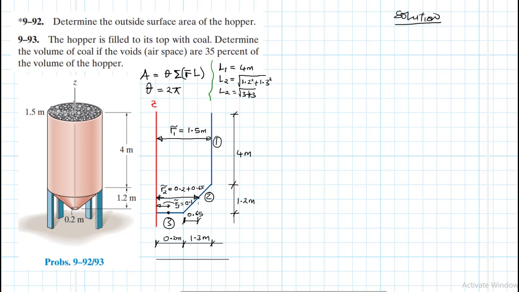Is that so? 1.2 squared plus 1.3 squared. Yes, 3.13. And then therefore line 3, what is this length? This length for line 3 is 0.2 meters.